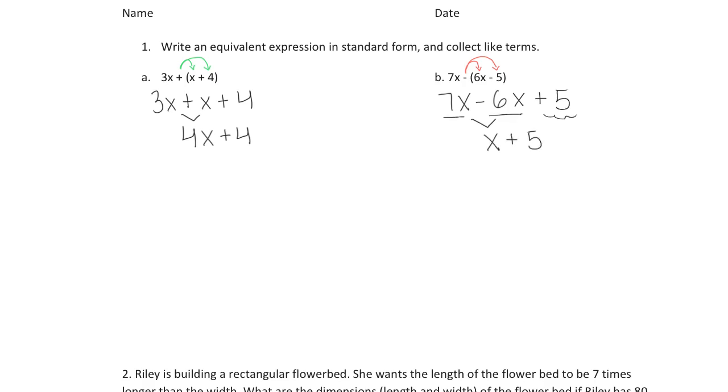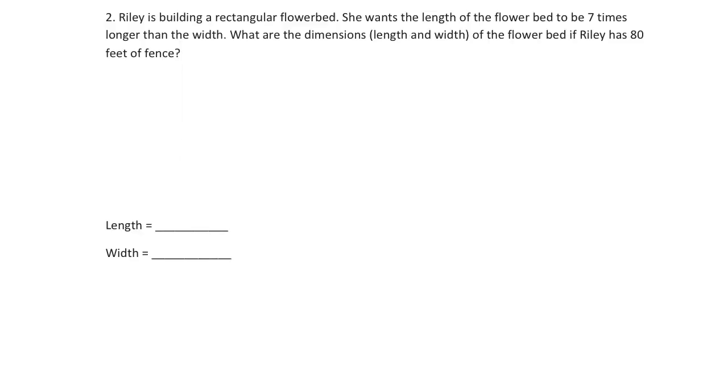Again, we do not combine the x and the 5 because they are not the same term. So we're going to leave our expression like this, x plus 5. Now looking at both A and B, we have solved for the first expression and we have turned them both into standard form. Let's move on to number 2.